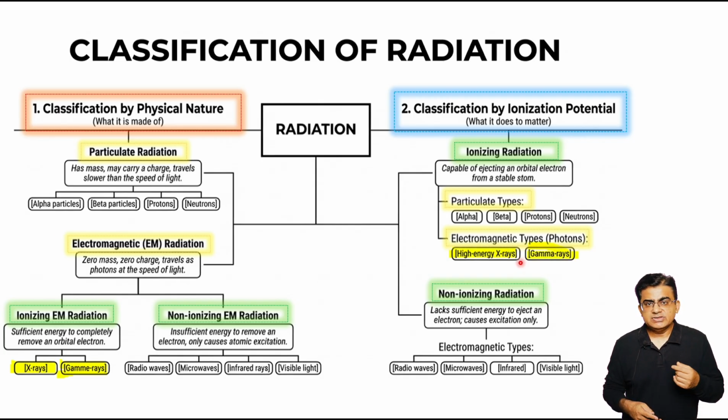Brachytherapy with a radioactive source produces gamma rays. When we treat the top layer of skin cancer, we might use beta particles. Some very advanced hospitals use proton beams. These are all different physical tools for treating cancer, but they all belong to ionizing radiation.